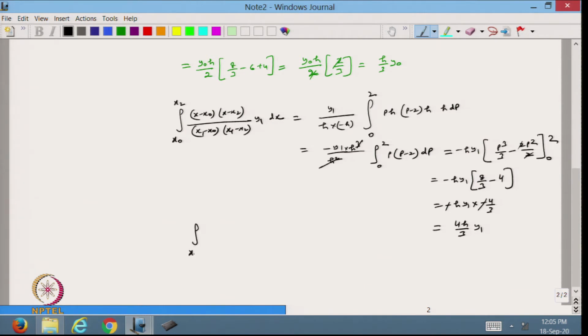Similarly, we can find out the integral from x0 to x2 of (x minus x0)(x minus x1)/((x2 minus x0)(x2 minus x1)) y2 dx. So, the same way we can find out by all this substitution. So, it will be y2 divided by 2h into h, from 0 to 2.